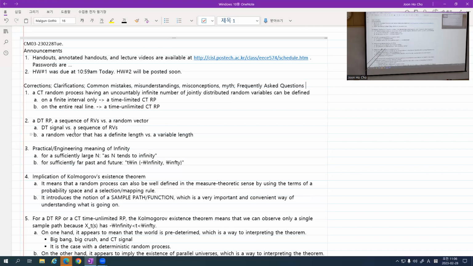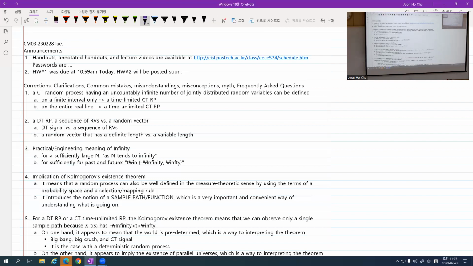The first one is that our time index ranges from negative infinity to positive infinity, for example at every integer, and that kind of signal with uncertainty may be modeled as a discrete time random process. However, there is another one that is very, very important, especially when we consider convergence of something uncertain. That is the notion of a sequence of random variables. So these two are different in this way.